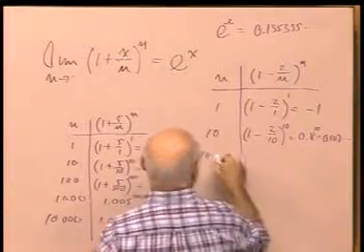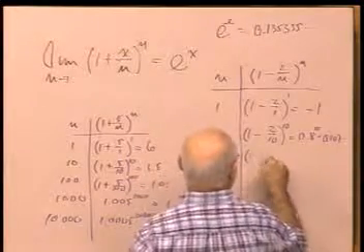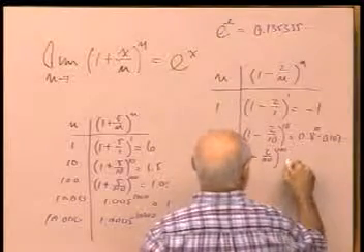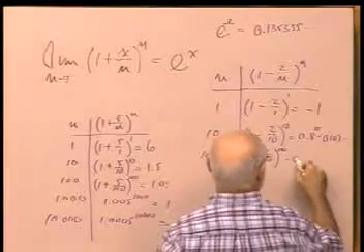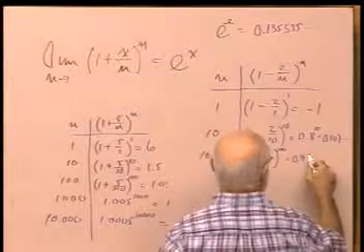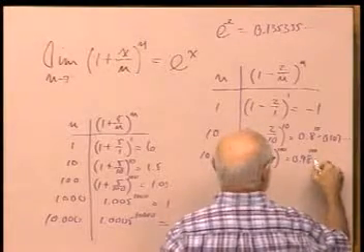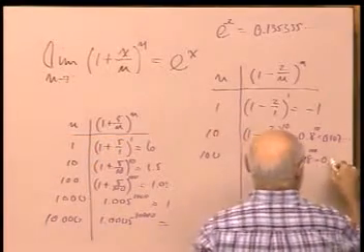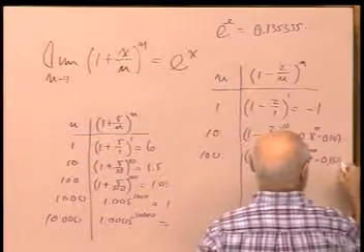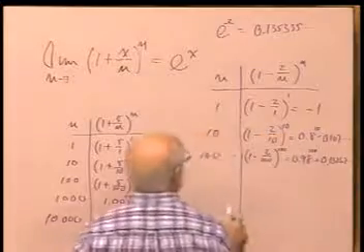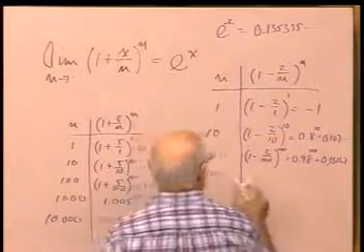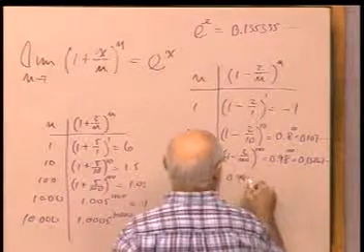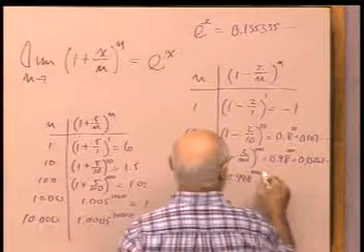When n is 100, this would be 1 minus 2 over 100 to the 100. That would be 0.98 to the 100, 0.13262. Okay, getting close. Let's do one more. 1,000. Then we have 0.998 to the 1,000.